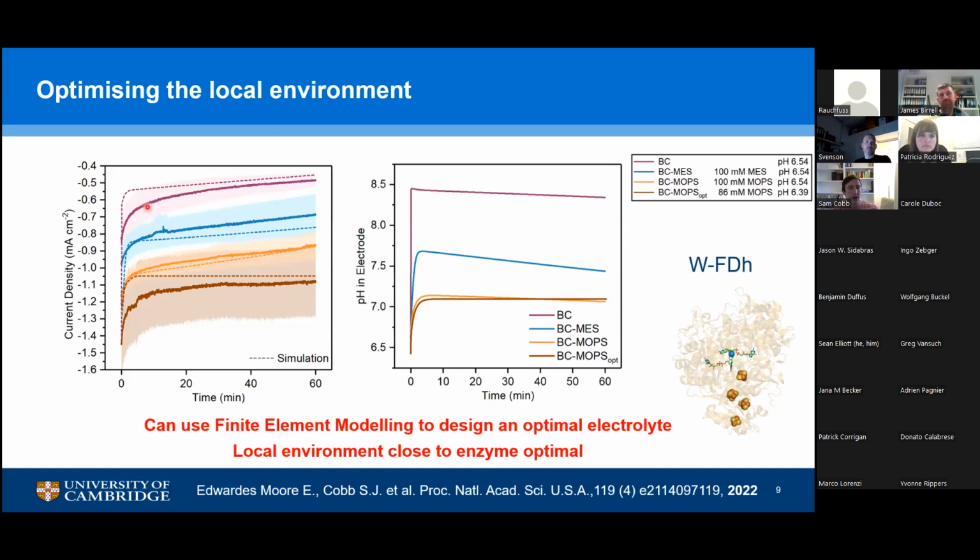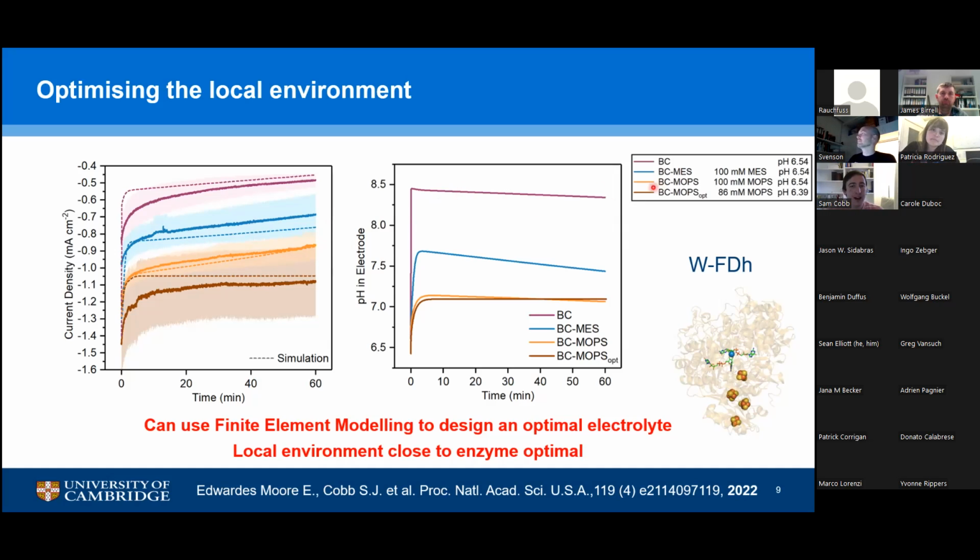So we go from our bicarbonate buffer at the top, add some MES in, current improves, add some MOPS in, current improves again. And these are good buffers, and this is what this work shows. Effectively, by adding in better buffers, we can reduce our local pH change and make our local pH more optimal for the enzyme. And by doing this, we improve our current density. Great, we're making better catalysts perform better.